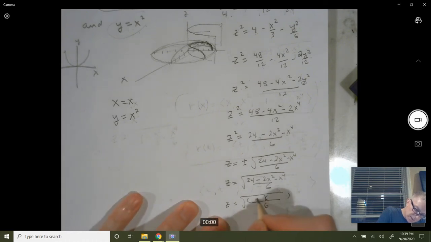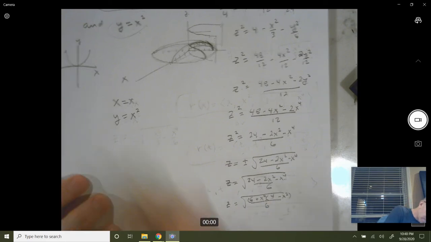So let's do plus x squared and minus x squared. These may be 6 and 4. I think 6 and 4 works. Maybe 6 here and 4 here. Let's double check that. That's going to be 24 minus 6x squared plus 4x squared. That works.